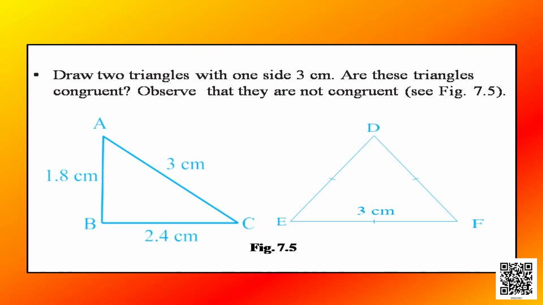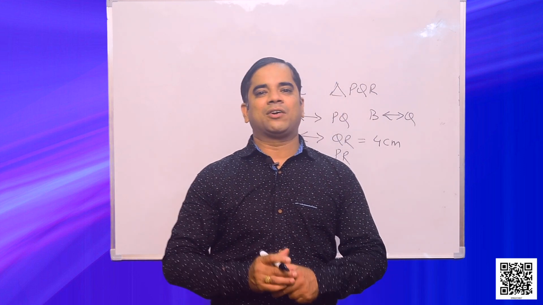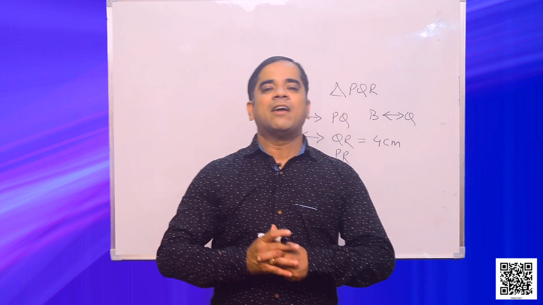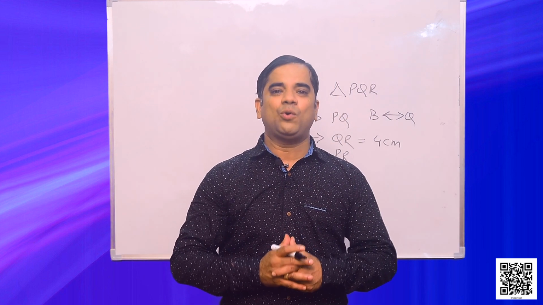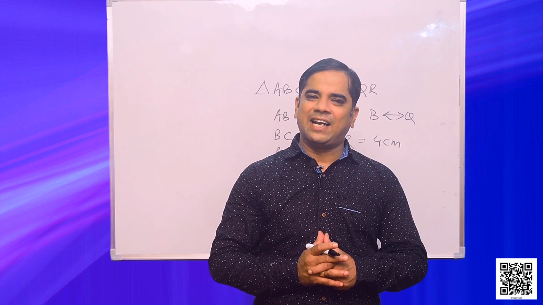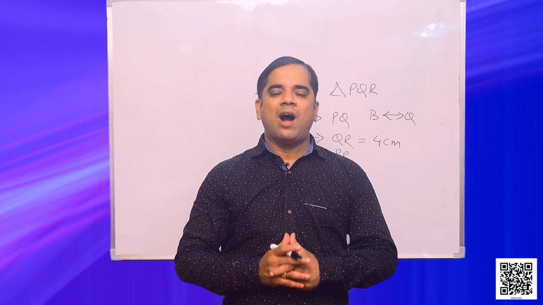So they are not corresponding to each other. That means though these two triangles have a common side and a common angle, they are not congruent, because for congruency all the corresponding sides and corresponding angles should be equal to each other. Okay? So we can say that triangle ABC is not congruent to triangle PQR.